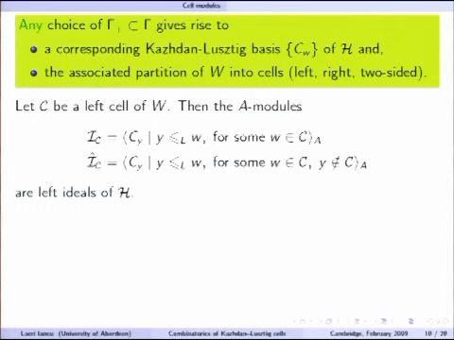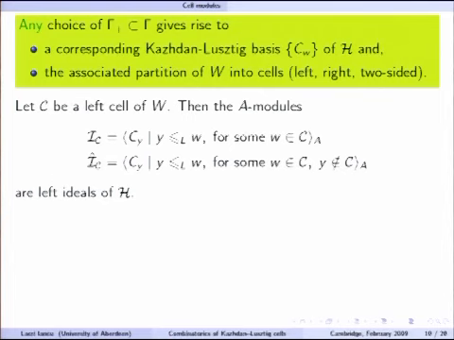So such a y is either in the cell itself or below in this relation, left inferior. And take the A span of all those. And similarly, take the A span of all those, but exclude those which are in the cell. So you want those which are, if you like, strictly left inferior.